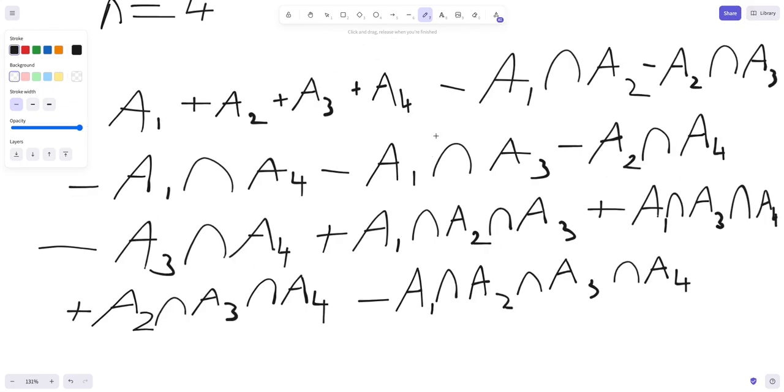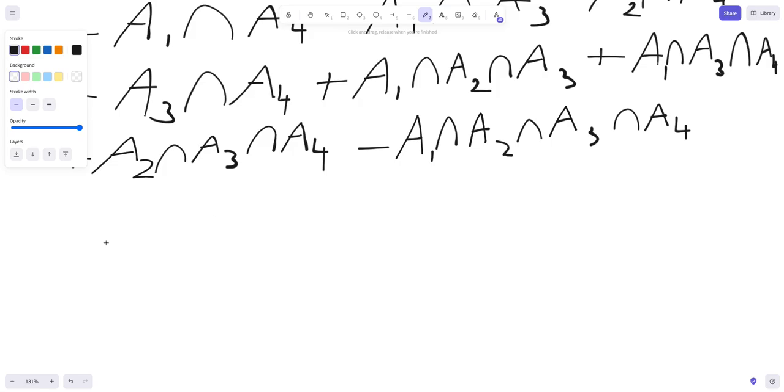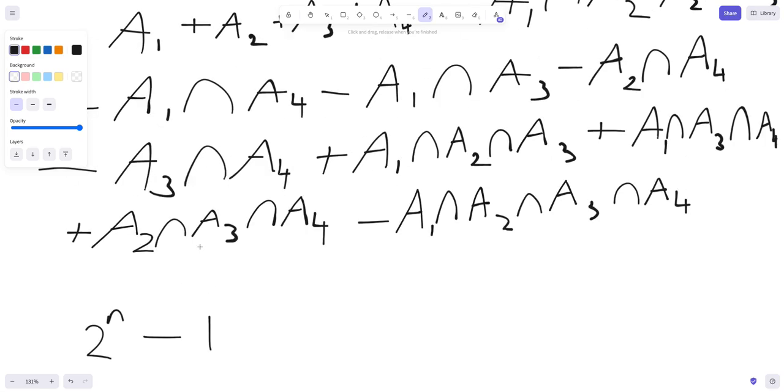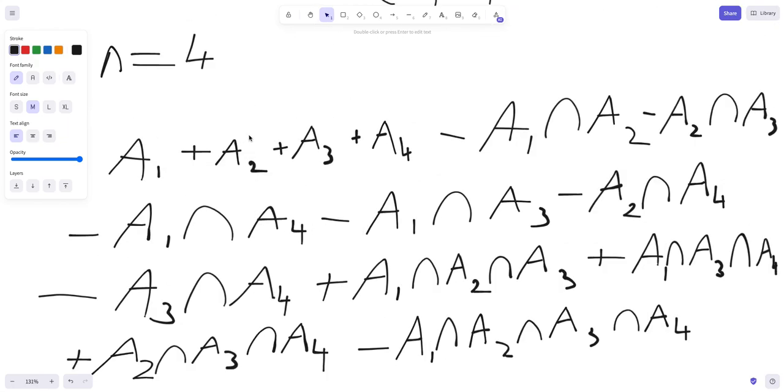So a way to find the number of terms that we have when we have n elements is using the formula 2 to the power n minus 1. And this will give you the number of terms. This is going to be the number of terms for n elements. So we have 4 elements here, and you could count it out.